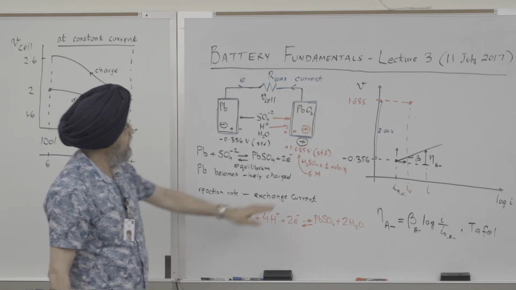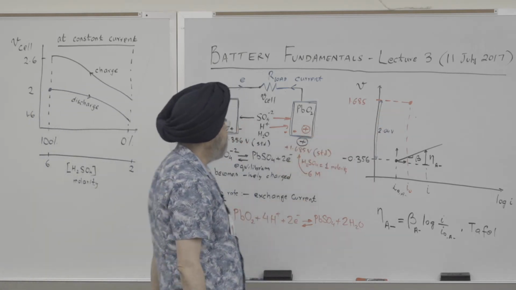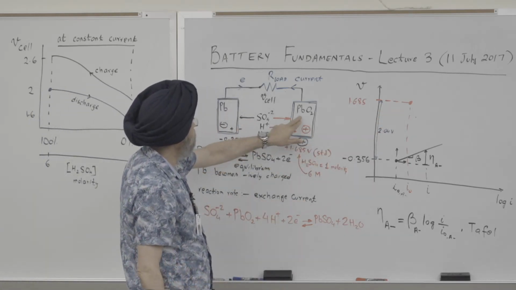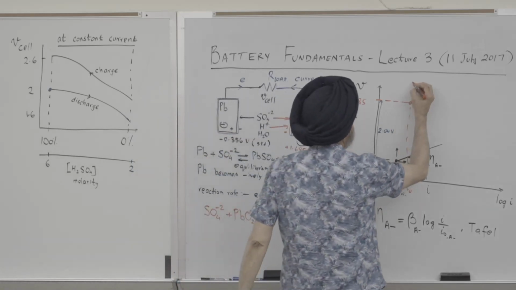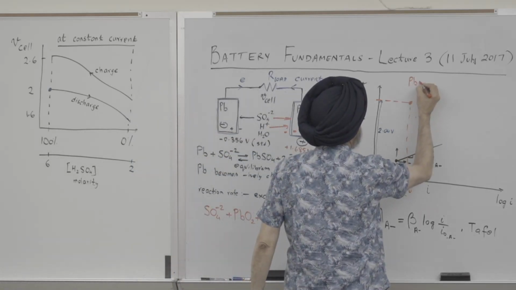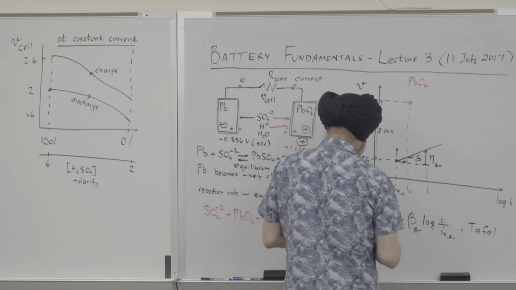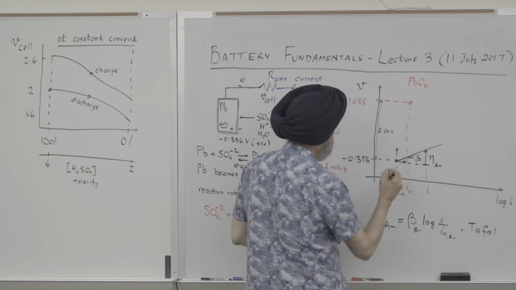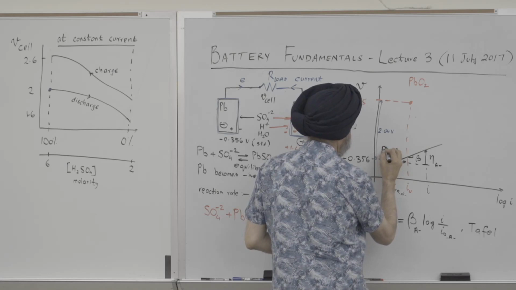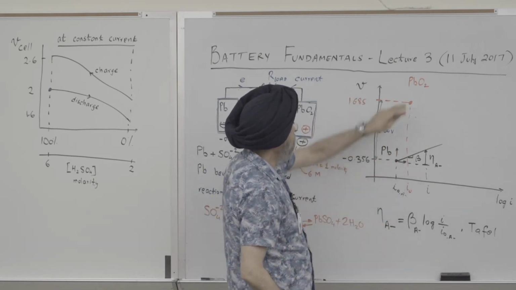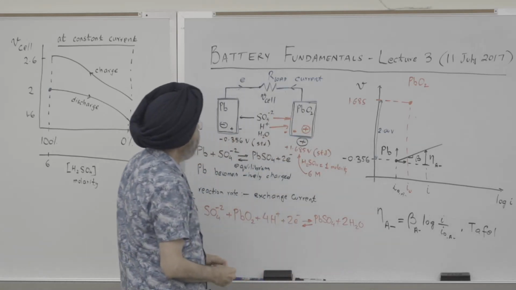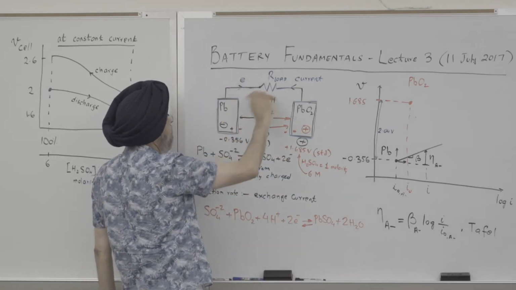Okay, now the same thing happens over here for the lead oxide. Just to remind ourselves, the red is the lead oxide electrode, and this black line is the lead electrode. On the lead oxide, we're pumping electrons this way.